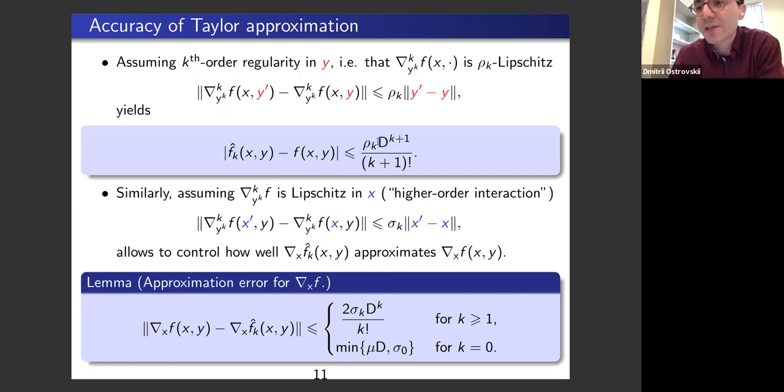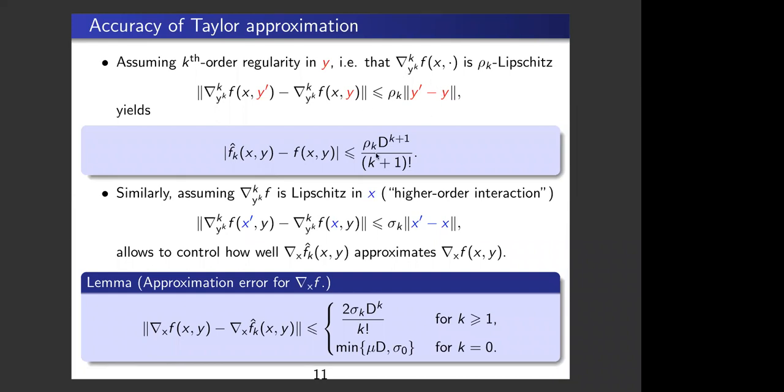Because we consider approximation with arbitrary order k, we should have the matching regularity assumption in Y. So now I specify the Y regularity. I say that there is a parameter rho k such that the corresponding tensor of Y partial derivatives at every x is uniformly rho k Lipschitz. It's just an extension of the Lipschitzness of the gradient, but potentially for higher order tensors.